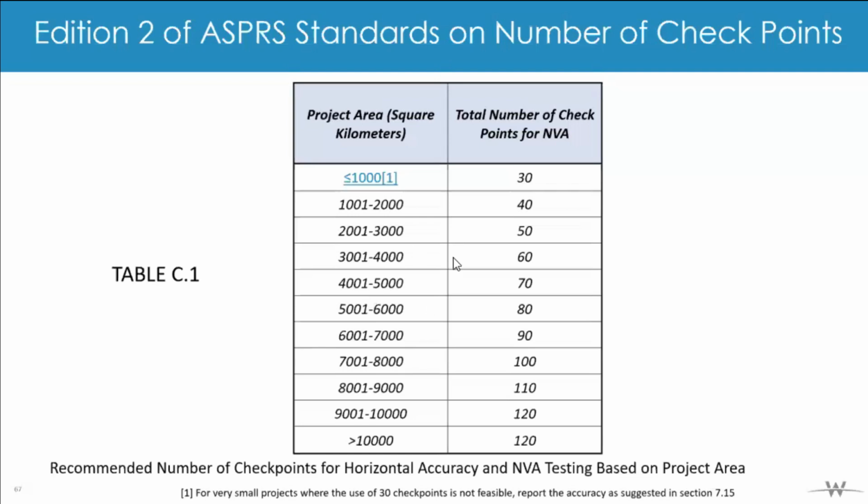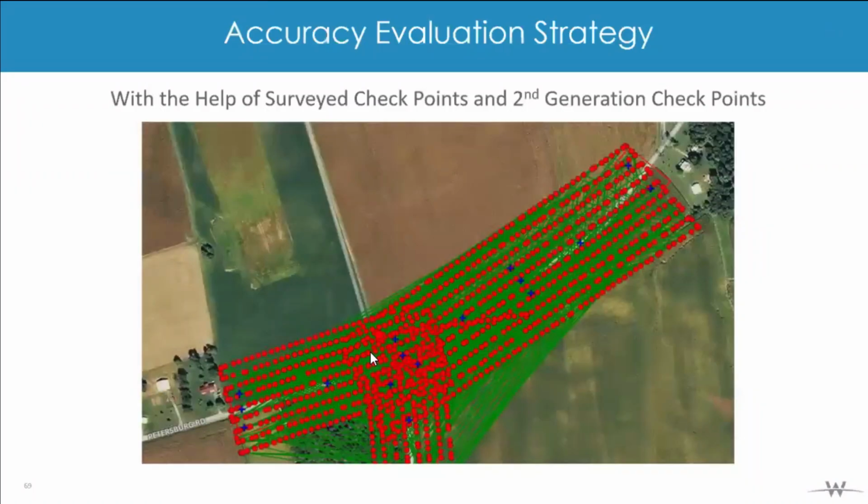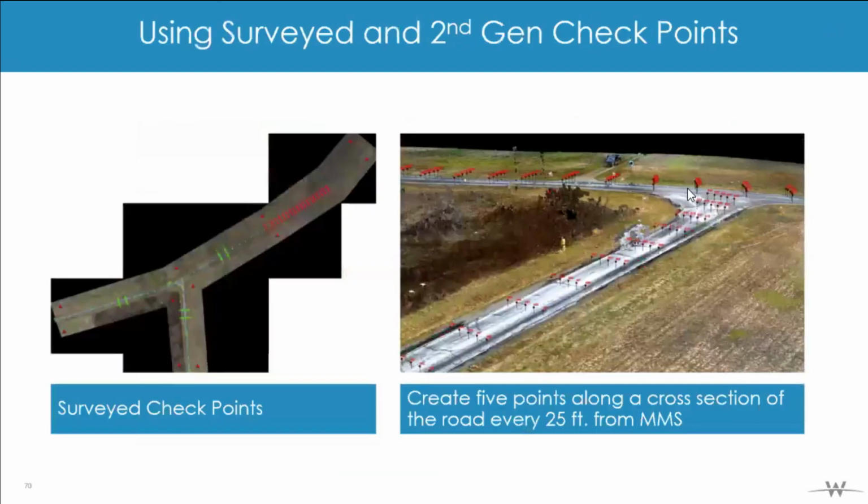And this number of checkpoints, I mentioned it earlier, how to evaluate accuracy with the help of survey checkpoints. The best way to evaluate accuracy is to survey independent checkpoints. But you can also use what we call second generation checkpoints: existing data, more accurate than the product you are testing. For example, here I have a project where I have some survey points and I have mobile LiDAR for the same area.